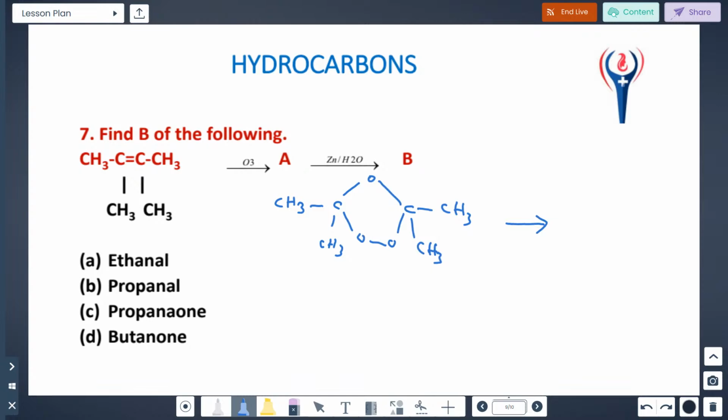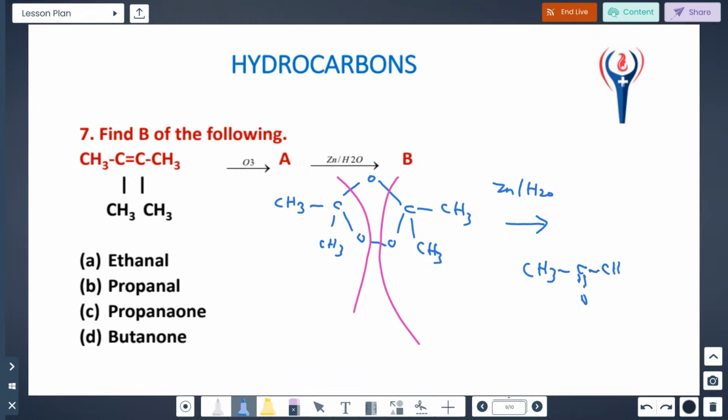If you add zinc in the presence of water, what happens? That will split. That will break like this. We are getting 2 compounds, one on this side and one on that side. See this side, just try to understand: CH3COCH3. This is nothing but CH3, C double bond O, CH3.